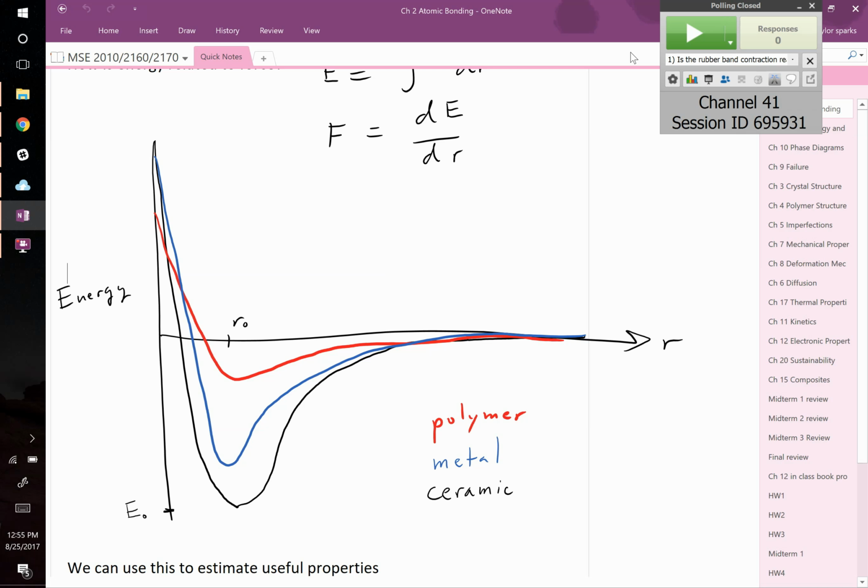So that said, let's finish up chapter 2, which was talking about these energy potential wells. At the very end of class last time, we'd finally gotten to something that was starting to look useful, right? We said the depth of this well should correlate to the melting point, and somebody said the deeper the well, the higher the melting point.